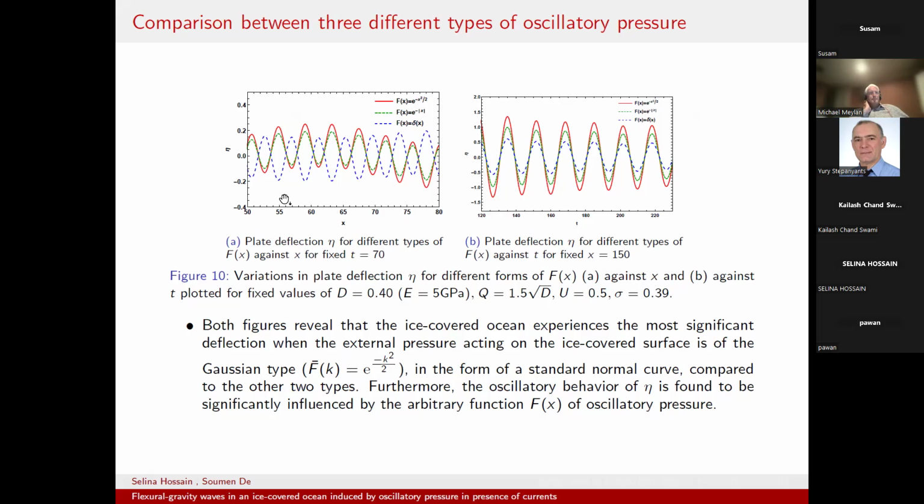In figures 10a and 10b, we have plotted eta as a function of x and as a function of t. Both figures reveal that the ice-covered ocean experiences the most significant deflection when the external pressure is of Gaussian type. Also, the oscillatory behavior of eta is found to be significantly influenced by the arbitrary function effects of oscillatory pressure.